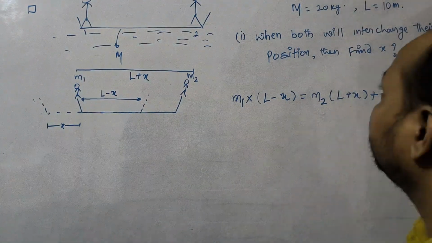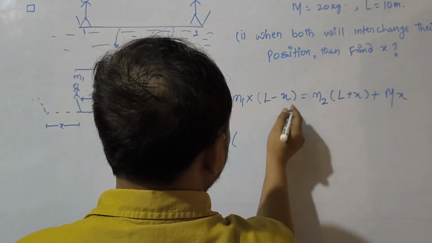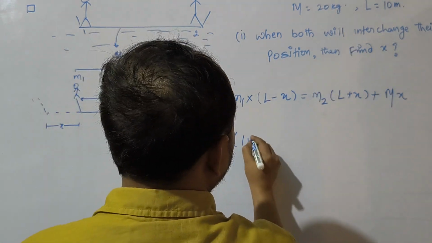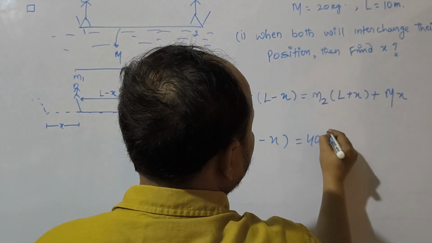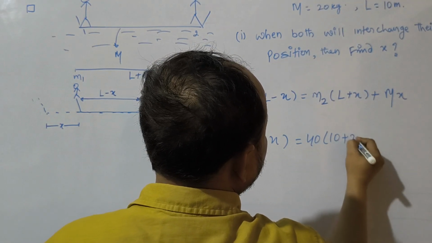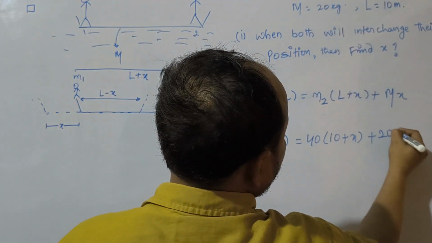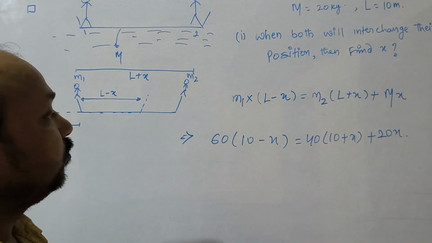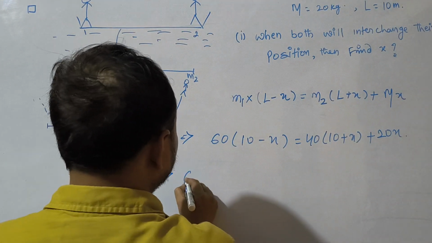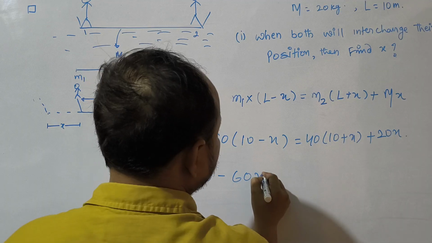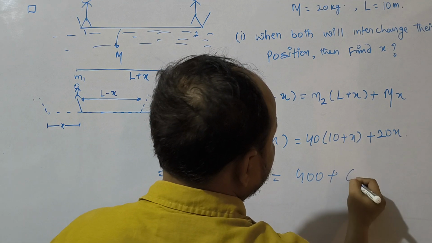Now putting in the values, M1 is 60, so 60 into 10 minus x is equal to M2, which is 40, into 10 plus x, plus capital M, 20 kg, into x. Now evaluating: 600 minus 60x is equal to 400 plus 60x.